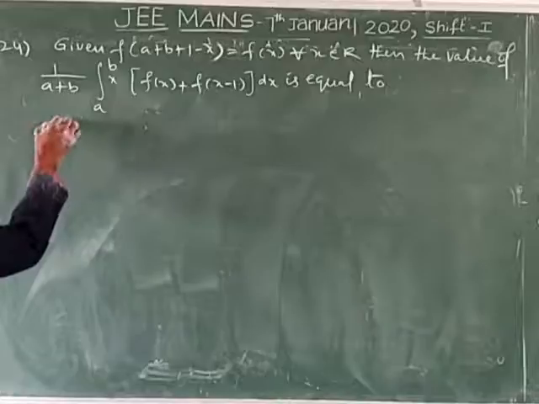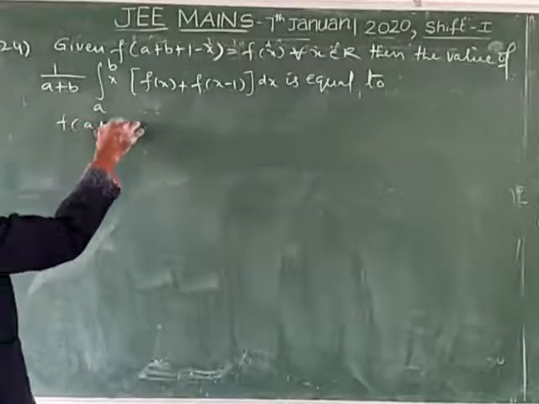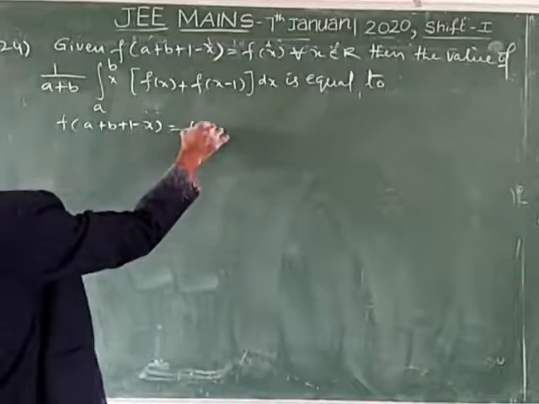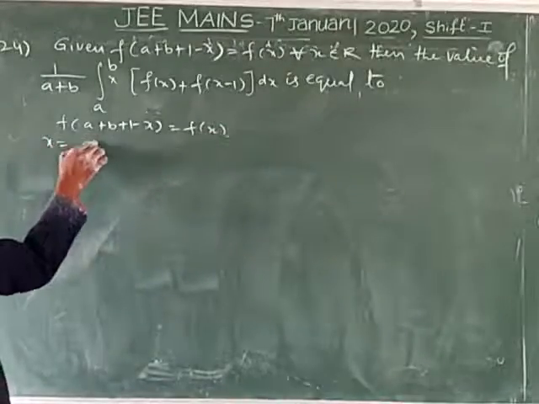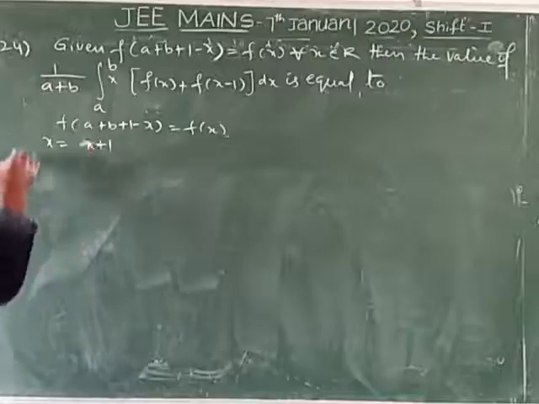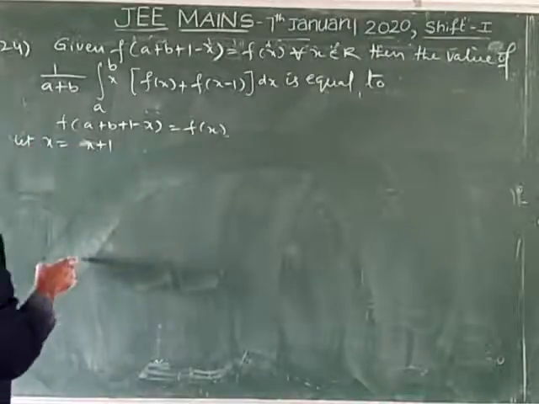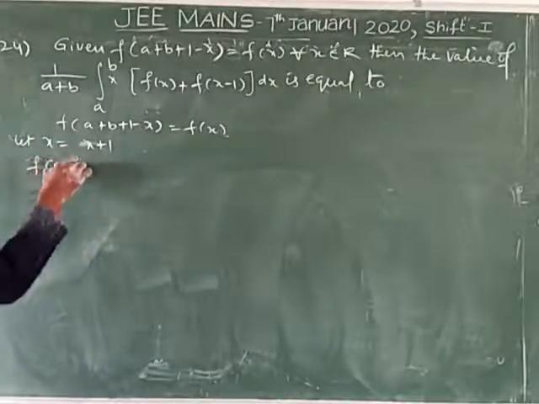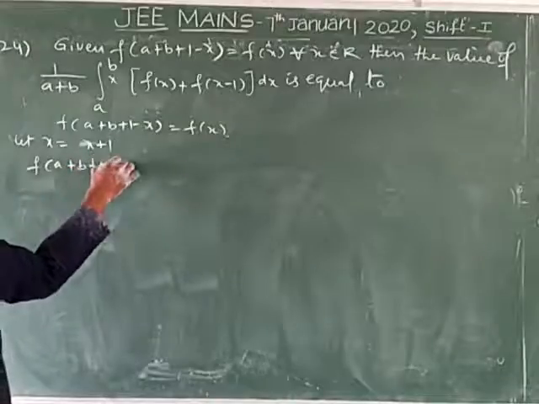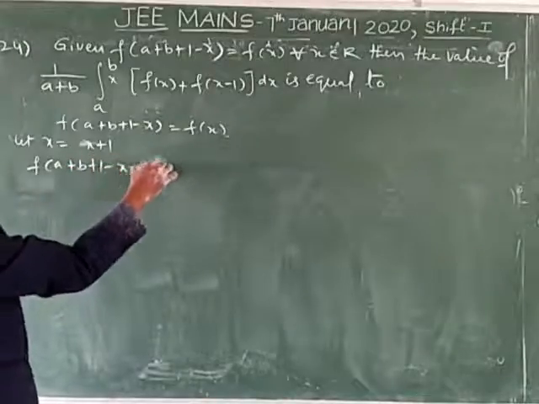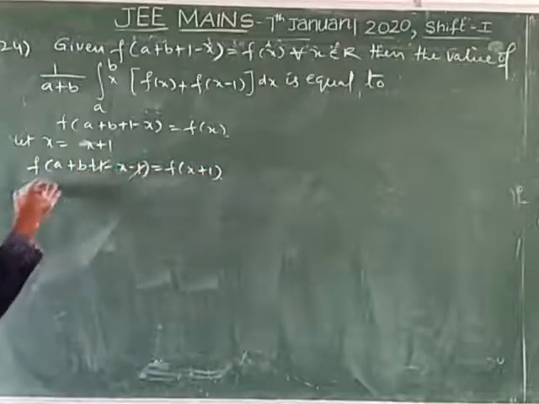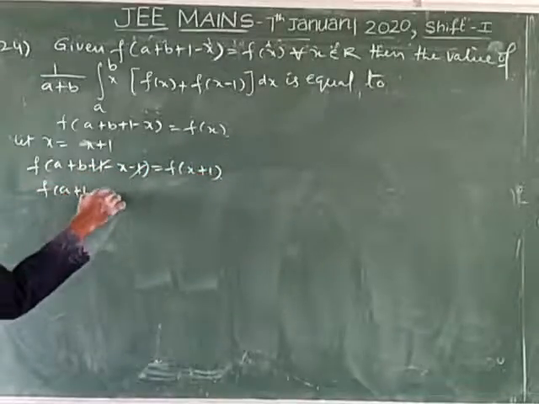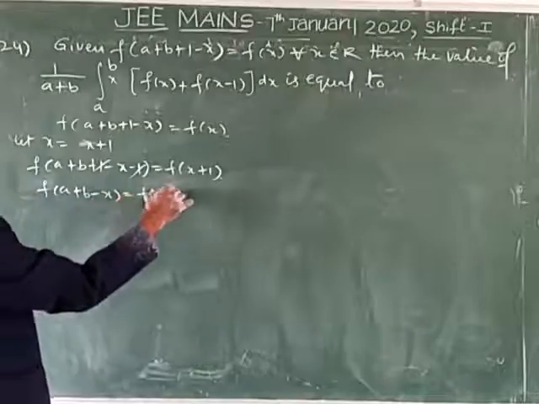Here, let x be x plus 1; instead of x, substitute x plus 1. Then f of a plus b plus 1 minus x minus 1 is equal to f of x plus 1. Here 1 cancels. Now f of a plus b minus x is equal to f of x plus 1.